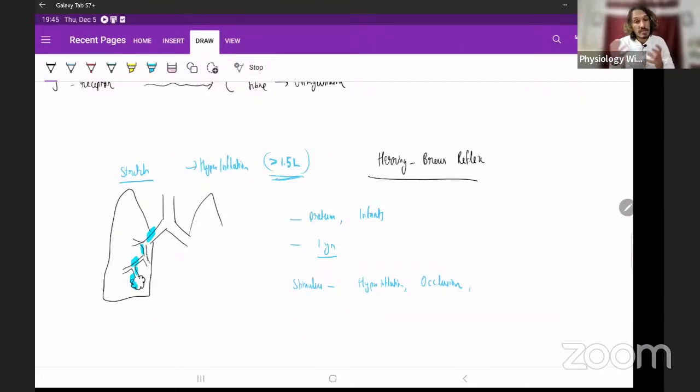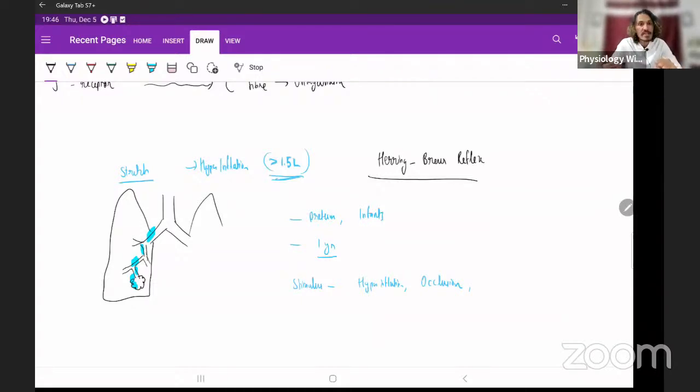Now, the opposite of it, a sudden deflation. A sudden deflation is problematic because remember when we talked about the compliance curve, at the lower end of the compliance, the pressure needed to maintain that is more difficult. Surface tension increases, and there is a higher probability of collapse of the alveoli. Once collapsed, it is very difficult to open up again.